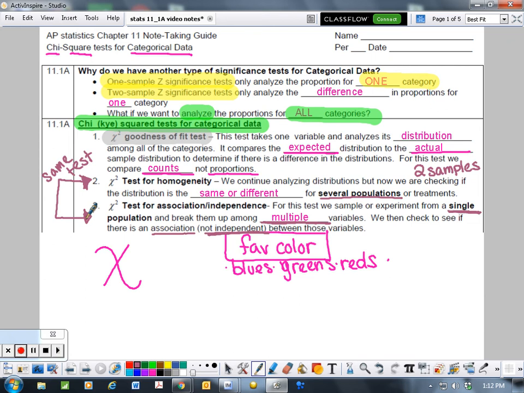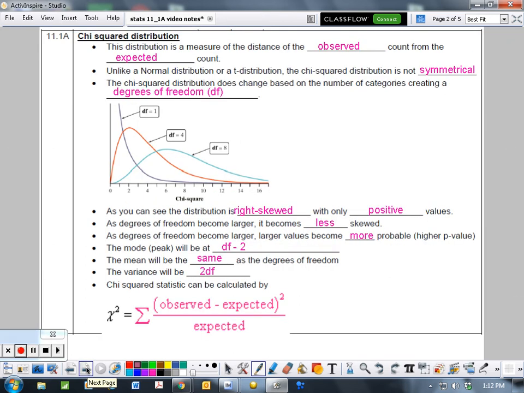Now we're going to look at what a chi-squared distribution is. We've done normal distributions, and then t-distributions, which are just a little bit wider than the normal distributions and change based on degrees of freedom. A chi-squared distribution is a distribution that measures the distance, and this is really important, the distance of the observed count from the expected count.